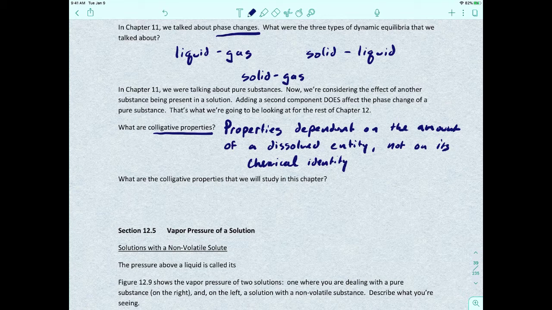Now, what are the colligative properties that we are going to study in this chapter? We're actually going to talk about four different types of properties.